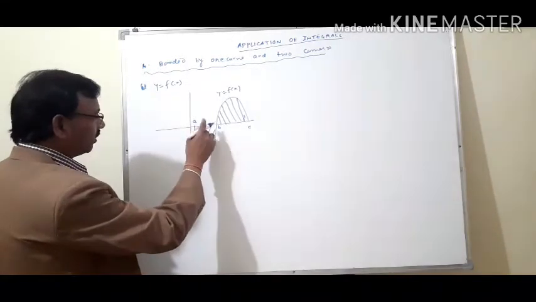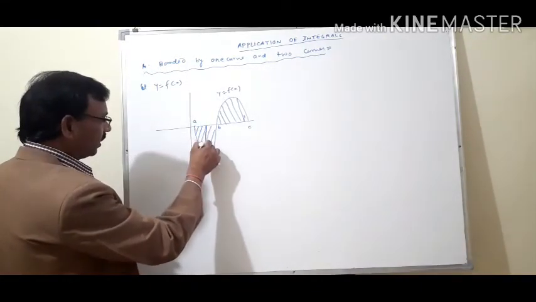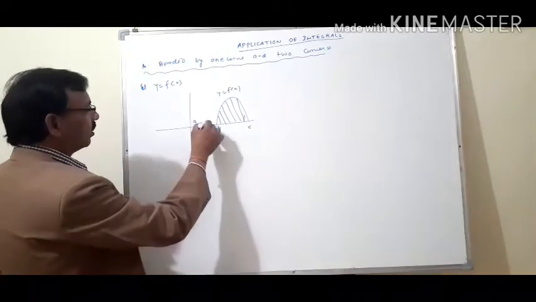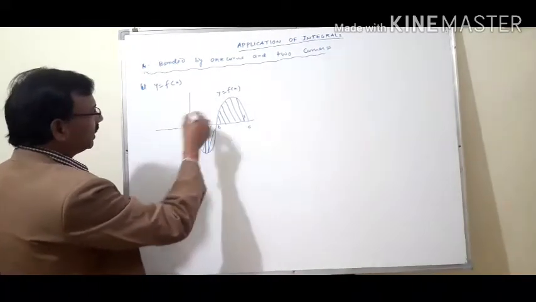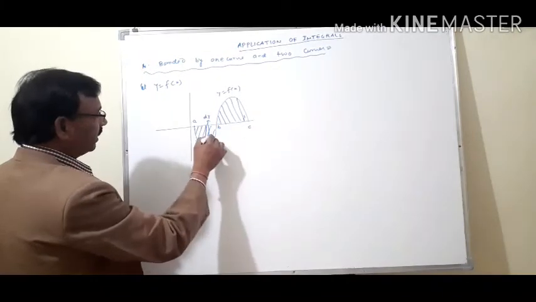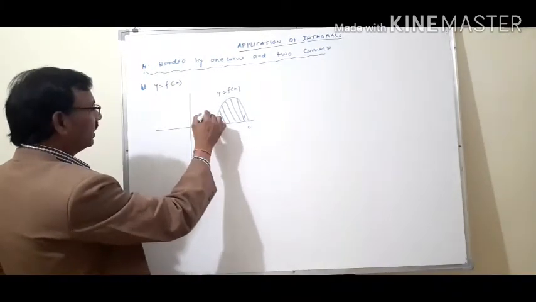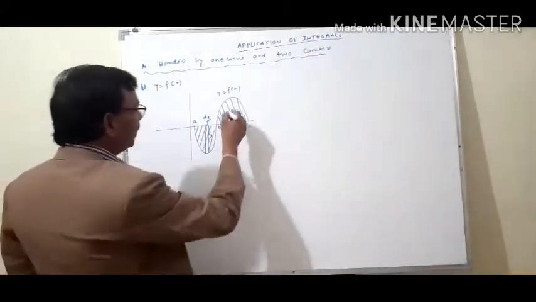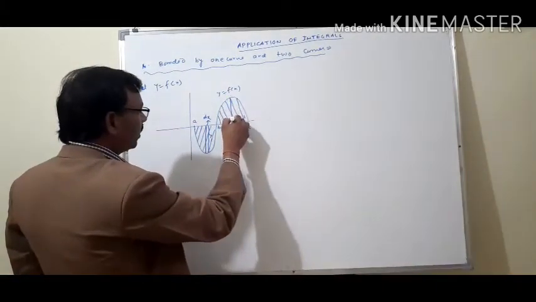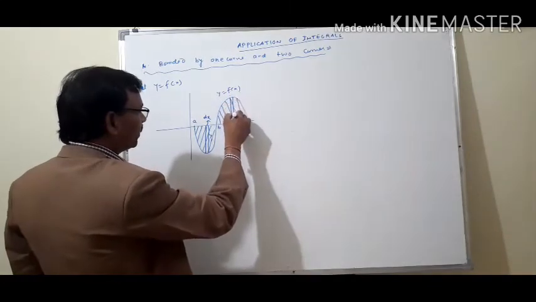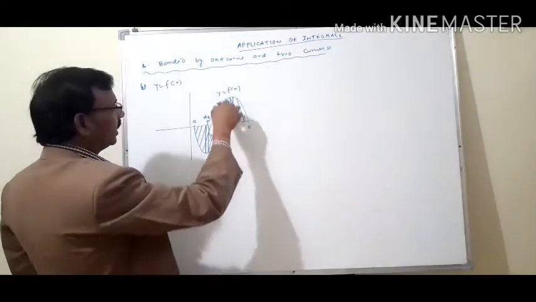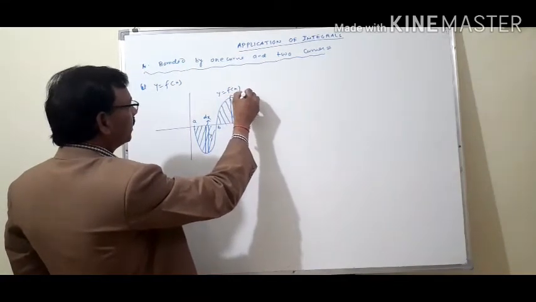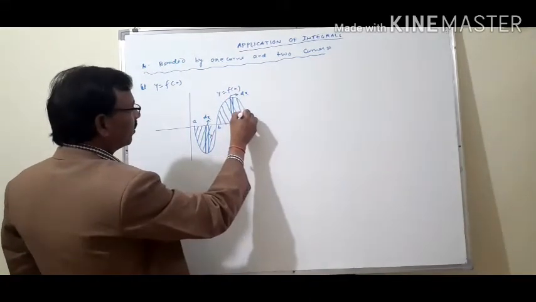To find the area, we draw small strips parallel to the y-axis, whose width is dx and length is y. In the same way, we draw small strips in the other region, whose width is dx and length is y.